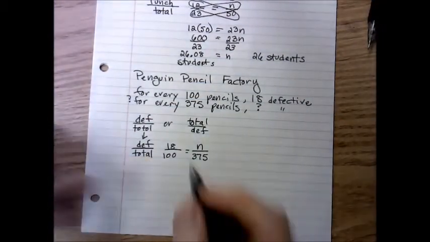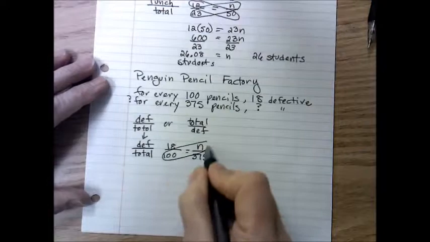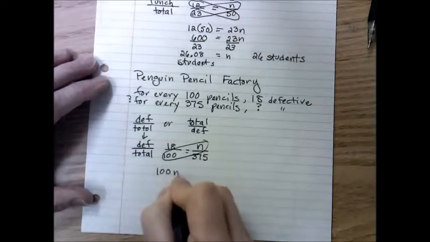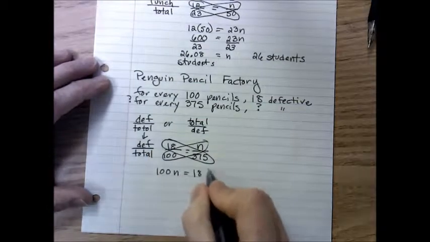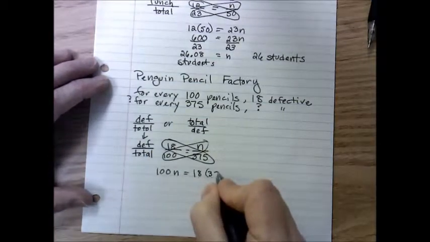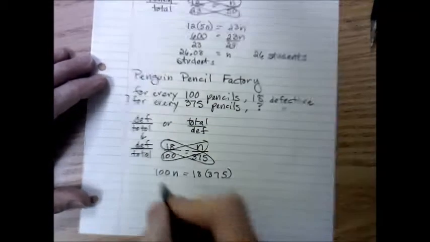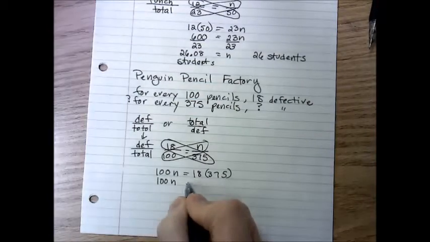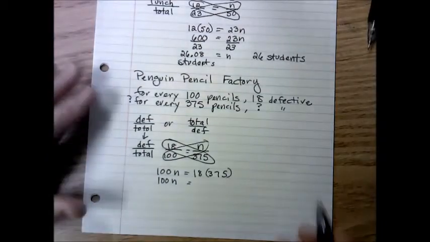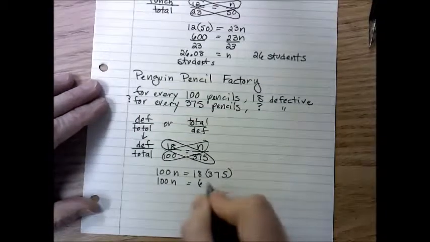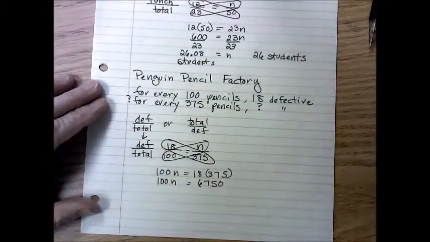So again, we'll set up our cross products for our equation. So 100n equals 18 times 375. And so 100n, and when we simplify 18 times 375, we get 6,750.